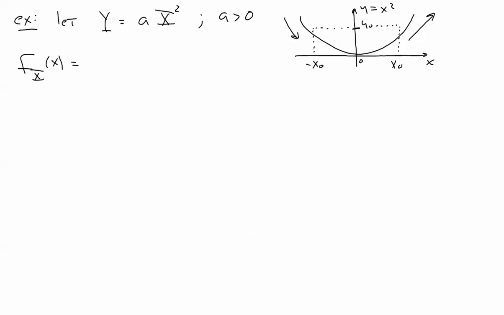It's going to be this, 1 over sigma square root of 2 pi e to the minus x squared over 2 sigma squared. So this is a zero mean Gaussian.